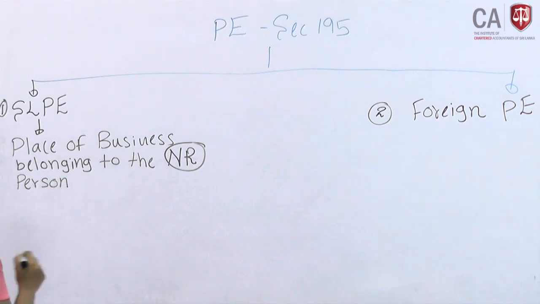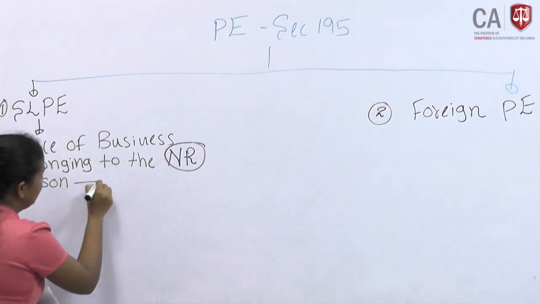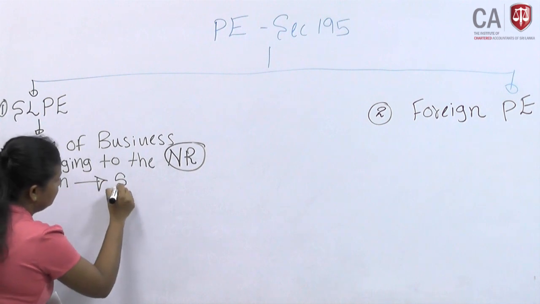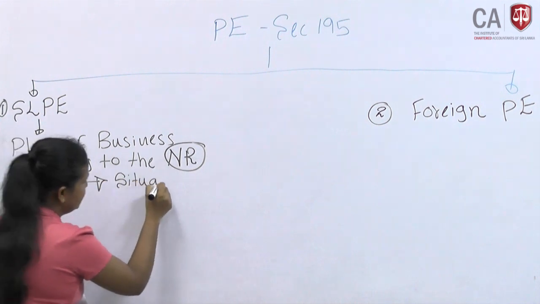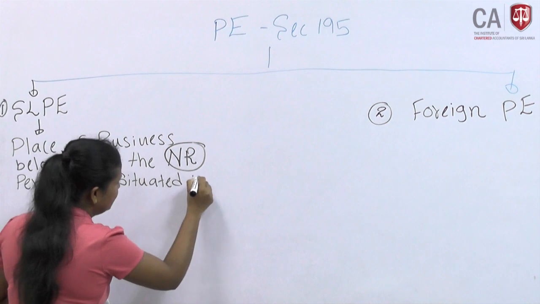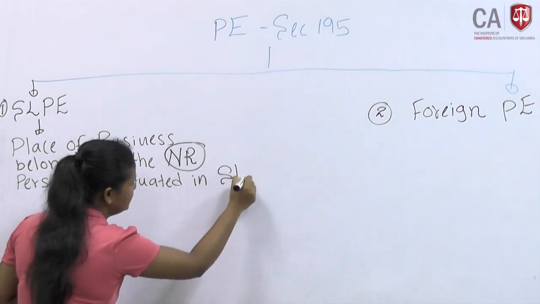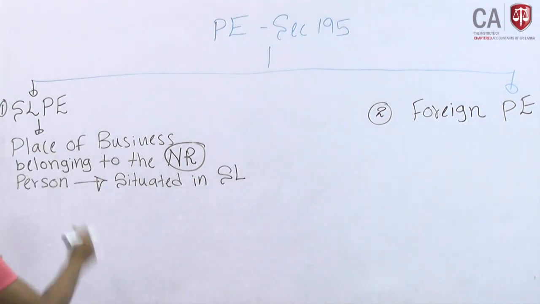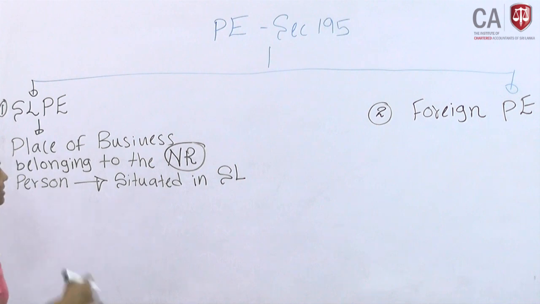Place of business belongs to the non-resident person, situated in where? Its place is situated in Sri Lanka. SLPE. Clear?